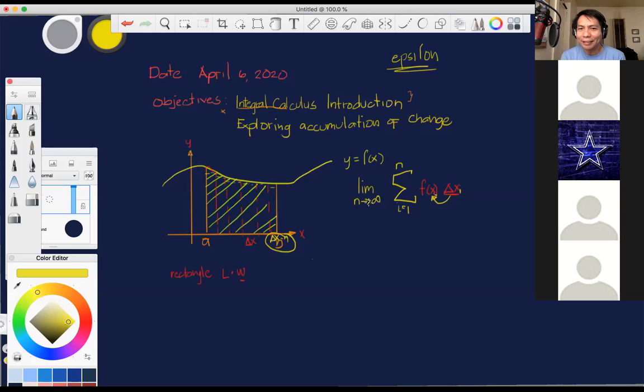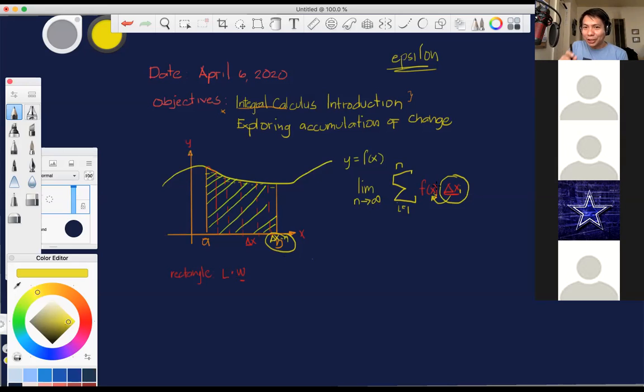You guys getting the idea right now? So again, if we want to make this more accurate, we are going to make your delta x infinitesimally, very, very, very small.